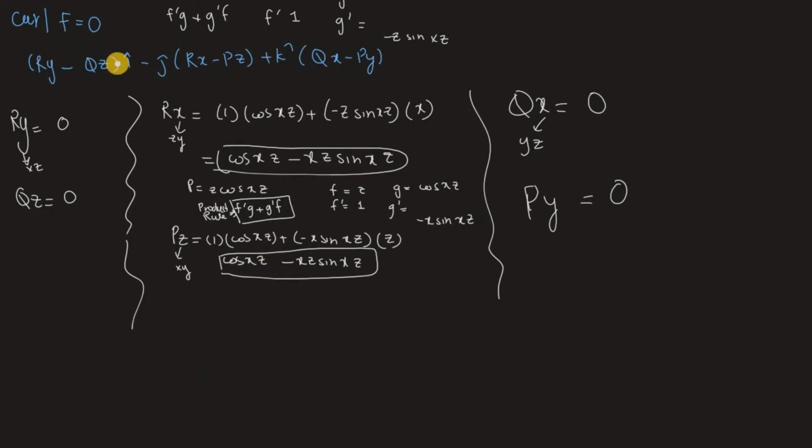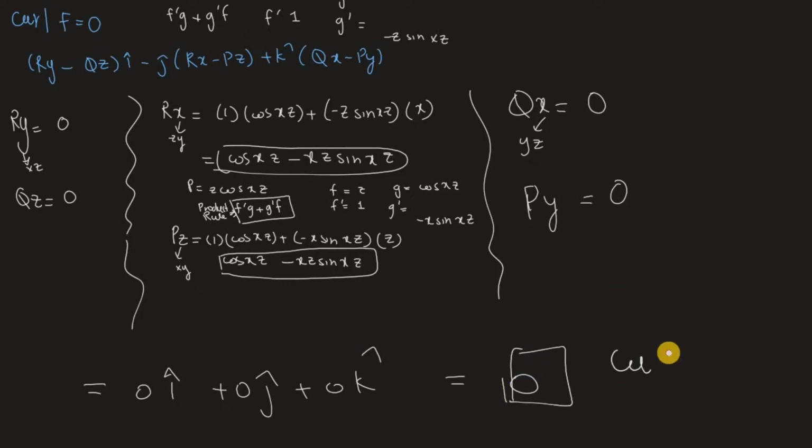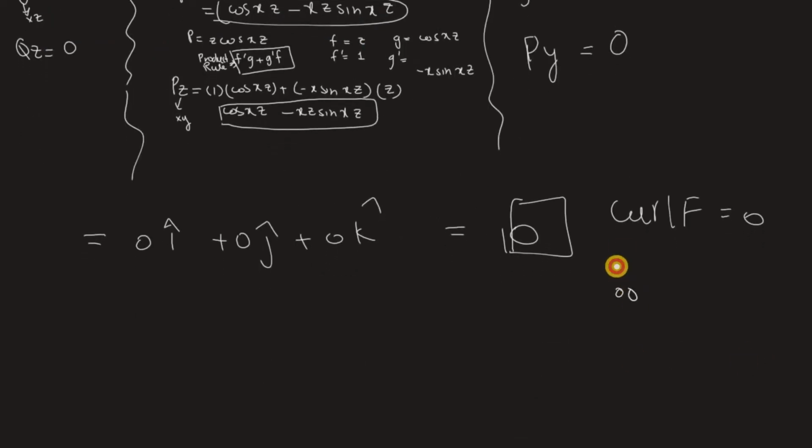Okay, so you simply need to write this equation in this form and show that this is indeed equal to 0 i hat, 0 j hat, and 0 k hat, which of course gives 0 as the final answer. So the curl of f is equal to 0, which of course means the vector field is conservative.